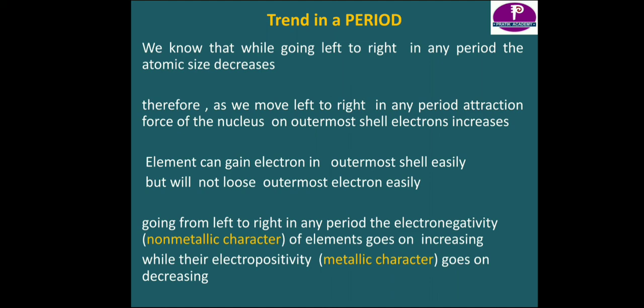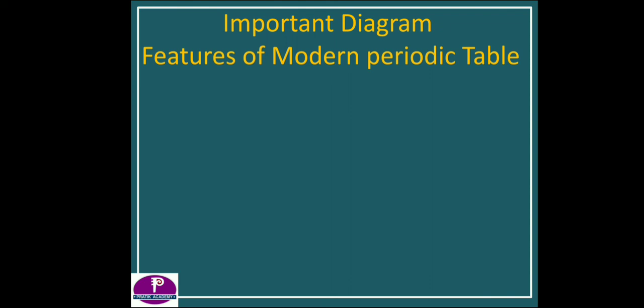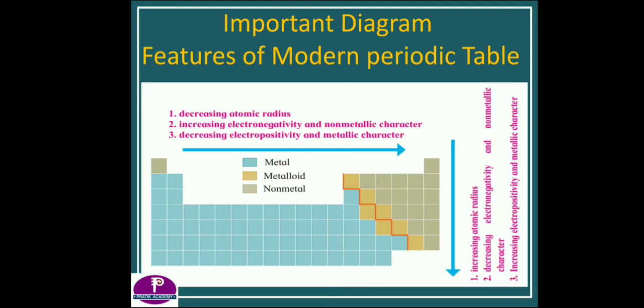So this is the periodic trend in metallic and non-metallic character. Okay, so there is one important diagram given in the textbook. This diagram clearly shows the trends in a single picture. Study this diagram carefully.